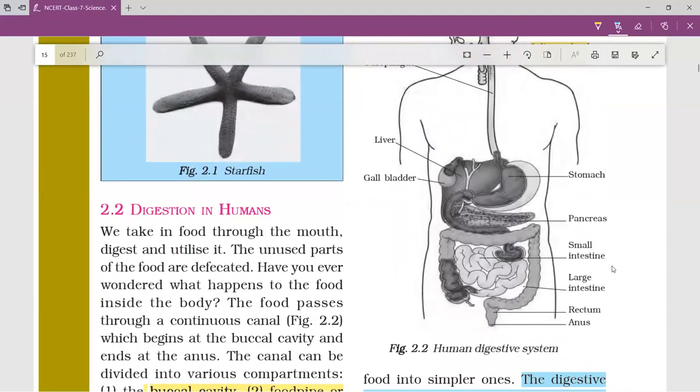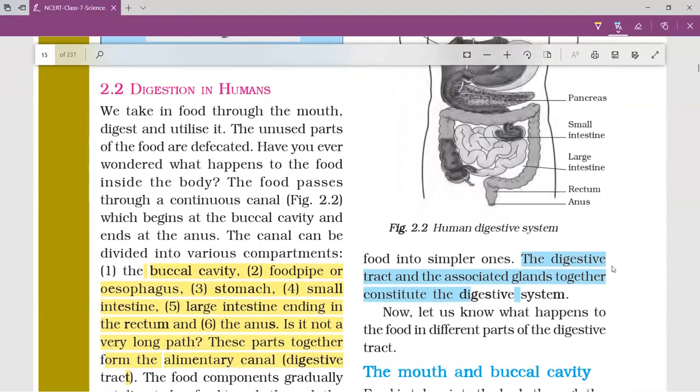The digestive tract is composed of all these parts: buccal cavity, food pipe, stomach, both the intestines, rectum, and anus. All these form the digestive tract or alimentary canal, and these three associated glands constitute the digestive system.